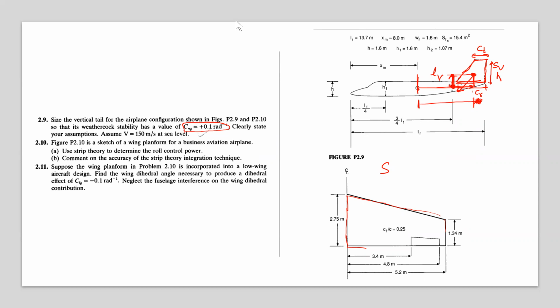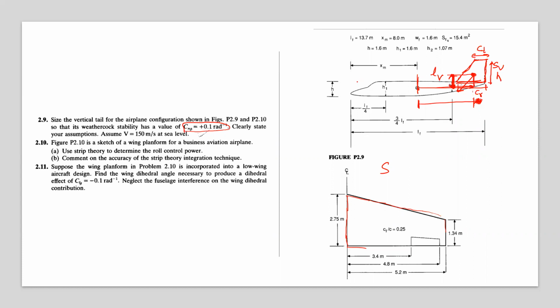Can anyone answer which moment it will give? It will give the roll moment. Can you explain, any one of you, Kileshwar and Om? I have no idea about this.